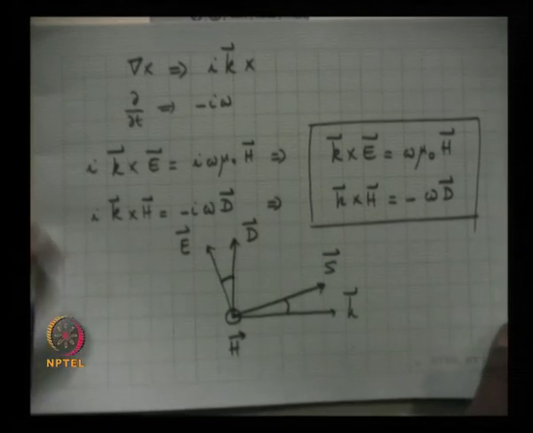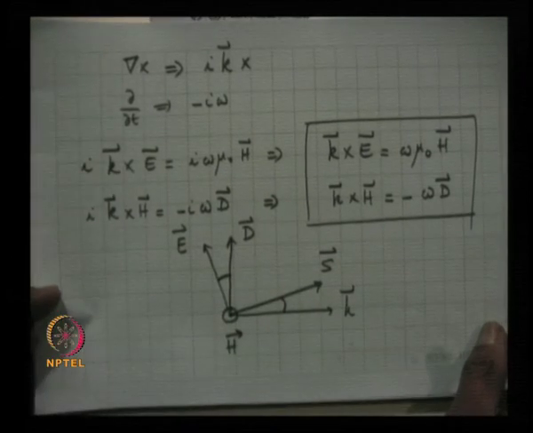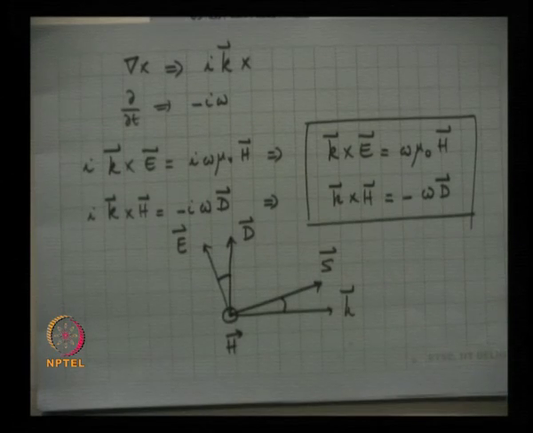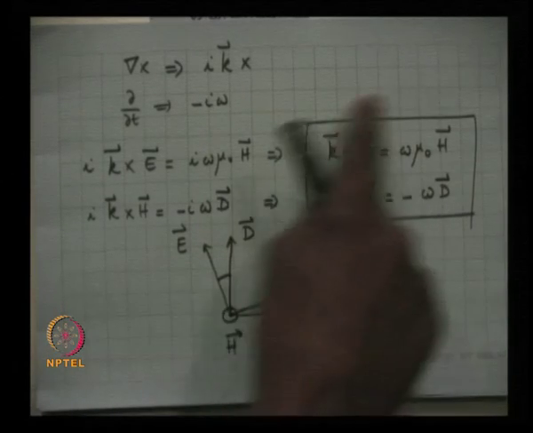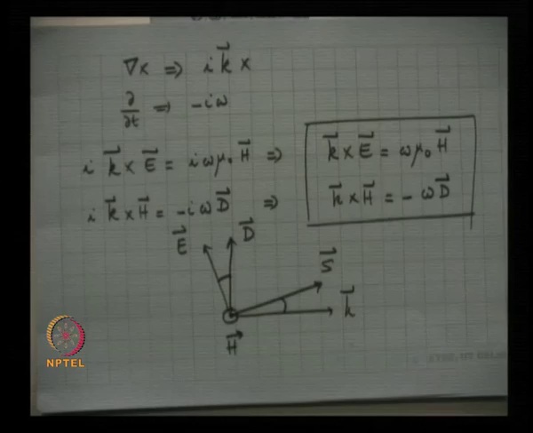So, what is our problem? Our problem now is to solve these equations to find out what is the velocity of propagation of the wave and what is the direction of polarization that I must choose so that it remains unchanged.